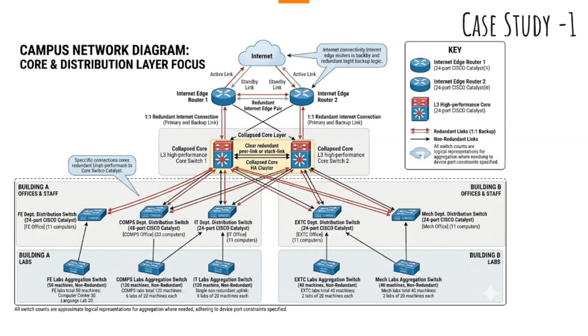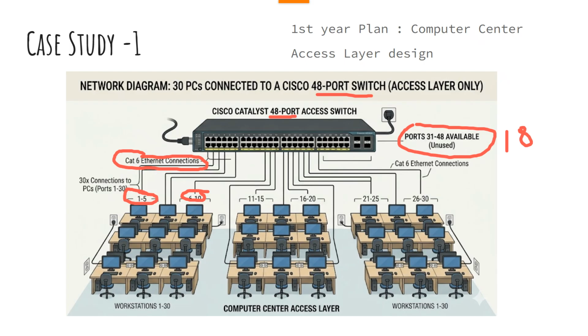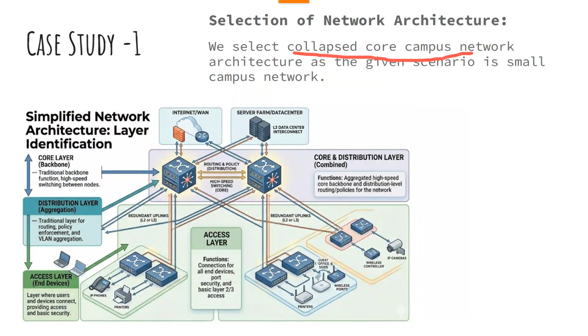So you're not going to show the access layer design for each and everything. Now let's come to the core and distribution layer, because it's a collapsed core that we are talking about. Let's understand one thing: whenever your network is expanding, the access layer design can happen later.